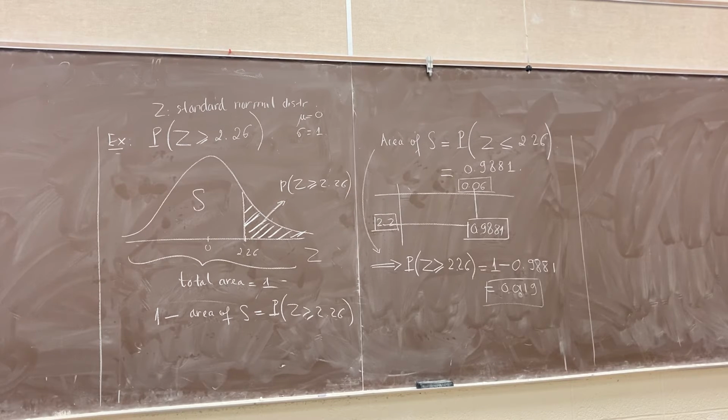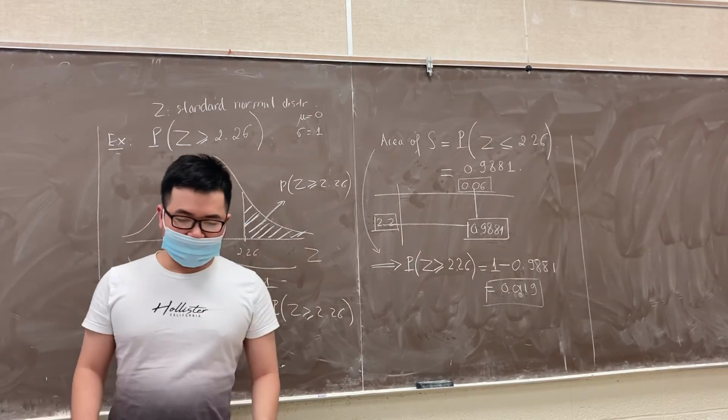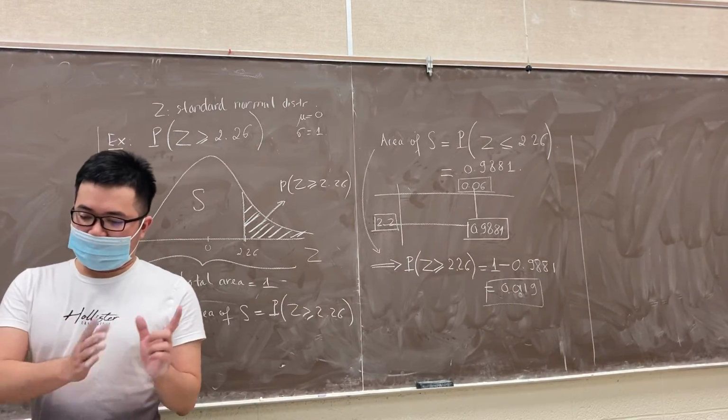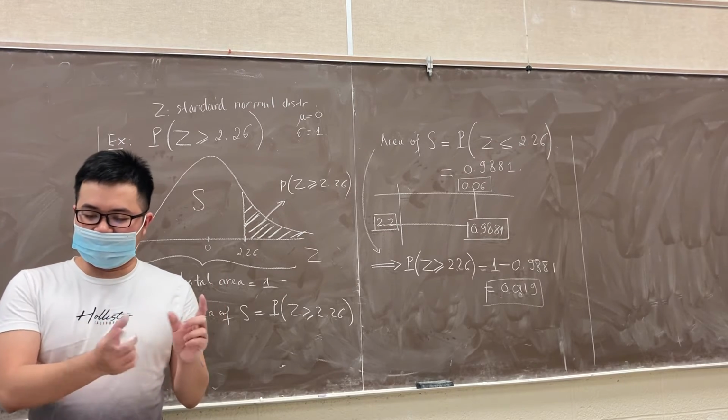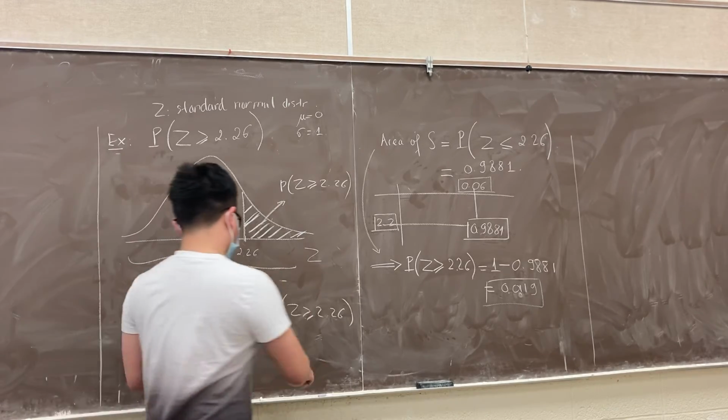So we will deal with a lot of problems. We can calculate the probability of Z between two numbers, and we have a lot of cases to do that.